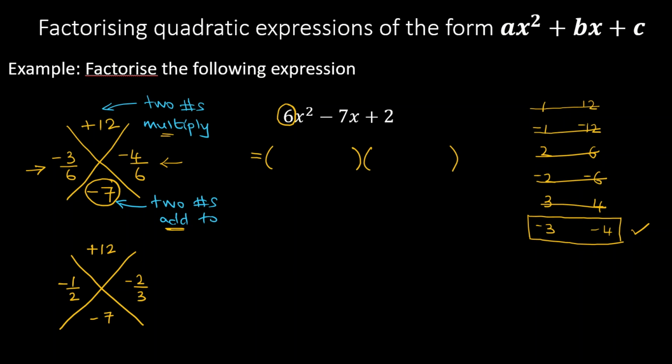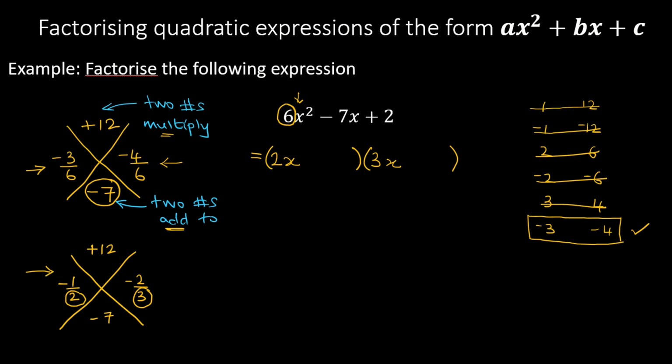Right? Now we fill in the pairs of brackets. X squared, as you know, is x times x. We consider the first denominator is 2. It becomes the coefficient of the x in the first bracket. The second denominator is 3. It becomes the coefficient of x in the second bracket.